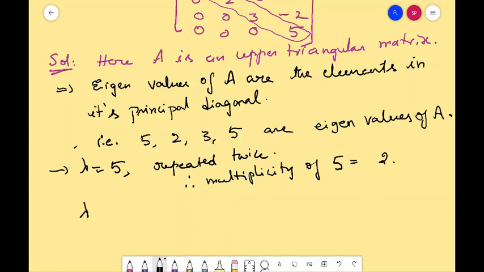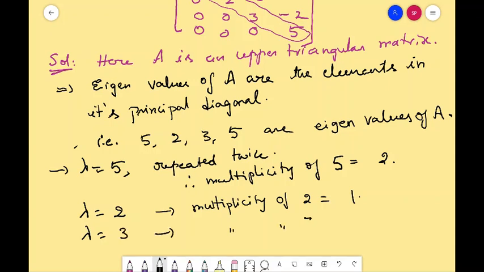Now next eigenvalue lambda equal to 2. How many times is it repeated? Only 1. Therefore multiplicity of 2 is equal to 1, and similarly lambda equal to 3 also, multiplicity of 3 is also equal to 1.